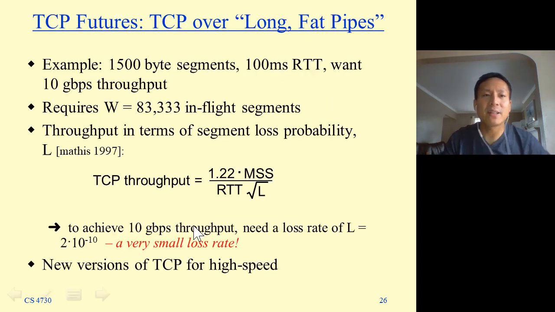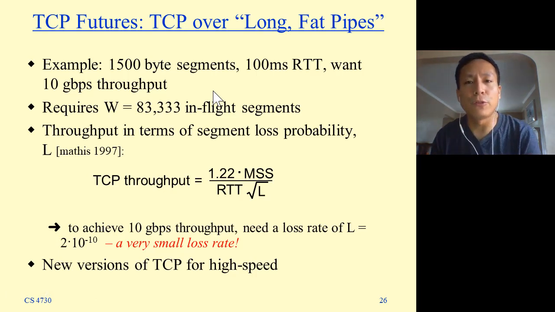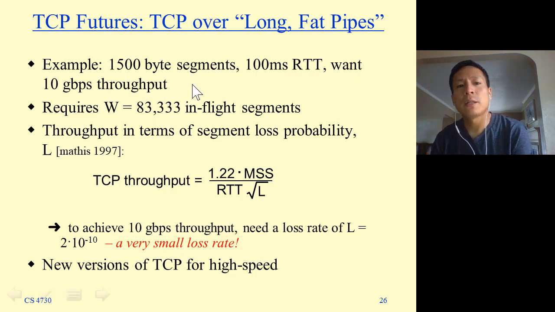So in reality, to measure the TCP throughput, there is a lot of research on measuring the overall throughput. For example, we can do this calculation. If we have a 1500 byte segment and the RTT is 100 milliseconds, and we want to achieve 10 gigabits per second throughput, then what window size do we need?